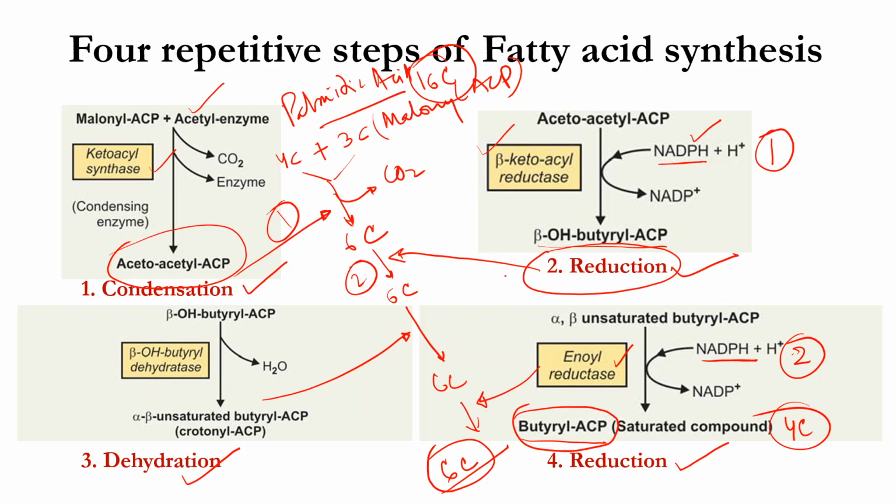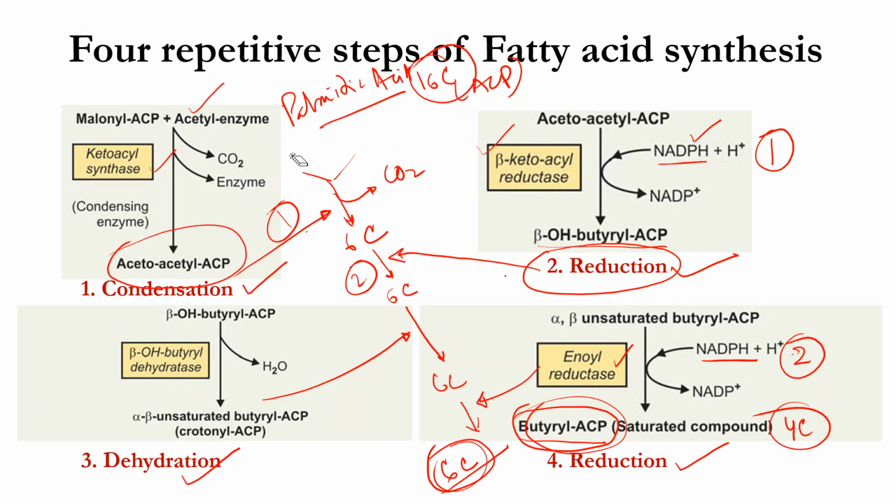So condensation, reduction, dehydration, and then reduction: 4 continuous repetitive steps will take place to join every 2 carbon, in this butyryl ACP, then 6 carbon, then 6 to become 8.